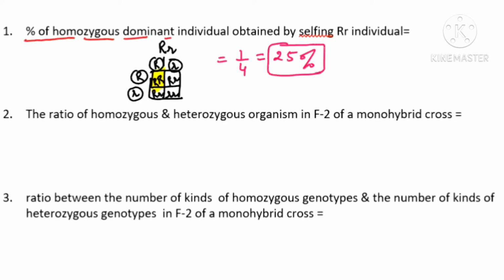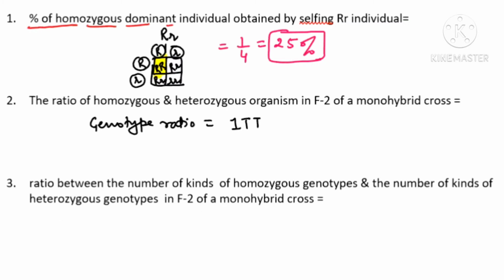Clear? The next question is the ratio of homozygous and heterozygous organisms in the F2 generation of a monohybrid cross. You know very well that in the F2 generation of a monohybrid cross, the genotype ratio will be 1 homozygous tall, 2 heterozygous tall, and 1 homozygous dwarf. Clear?